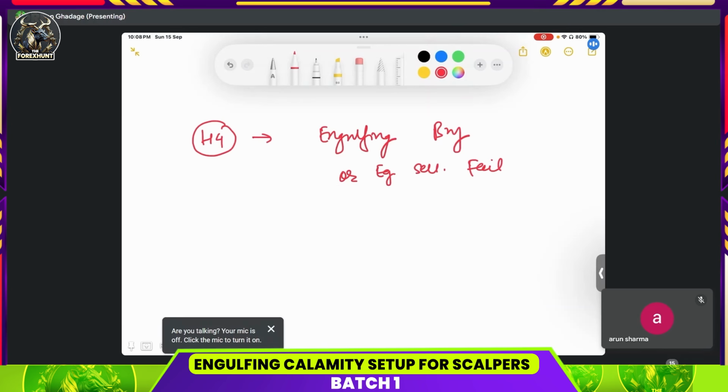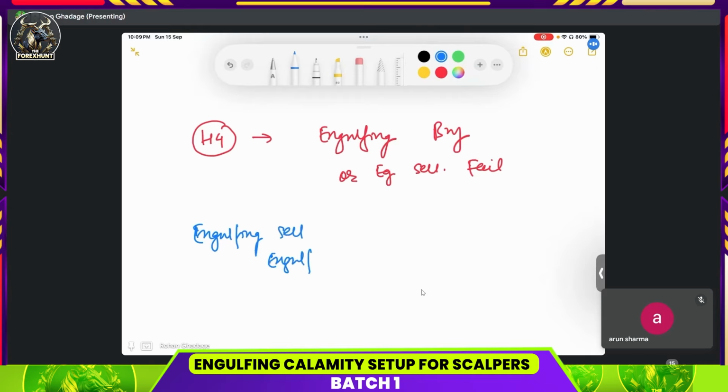It can be engulfing buy or it can be engulfing sell fail. The other thing is either engulfing sell or engulfing buy fail. These two things mean the same. These both are used for sell. These both are used for buy.